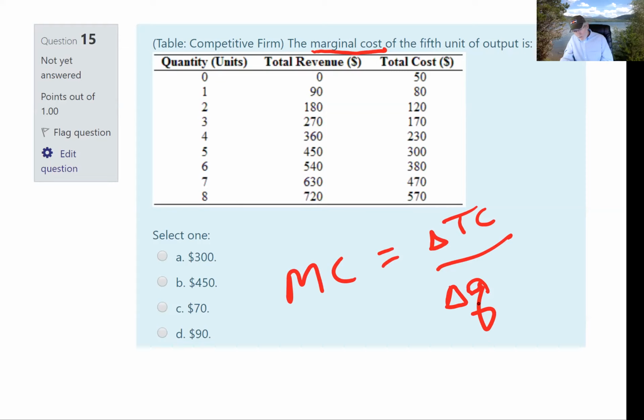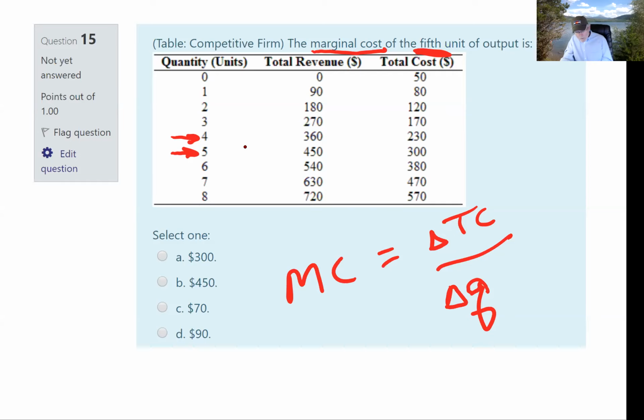It is the extra cost the firm incurs when they choose to produce an extra unit. And which extra unit are we talking about? Here we're talking about the fifth unit. So what we're really asking is, if the firm was producing 4 and they decide to expand and produce 1 more, what happens to their total cost? What is the change in total cost that occurs?